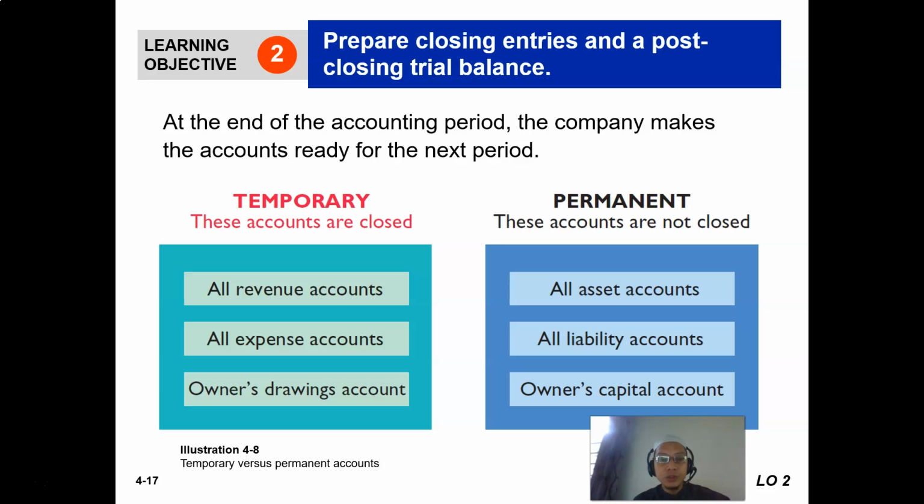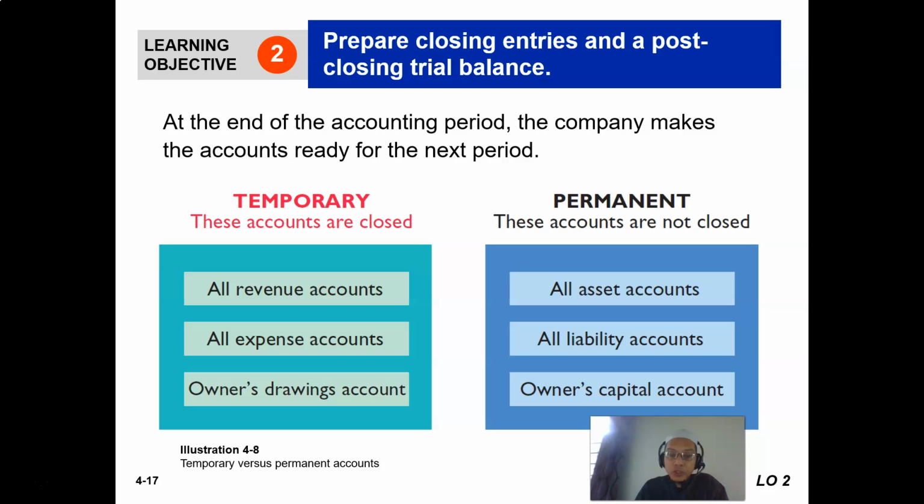For example, if they have done their business in 2019, they have a lot of revenue and a lot of expense transactions, and then they enter 2020, which is a new fiscal year for them, so they need to start afresh.